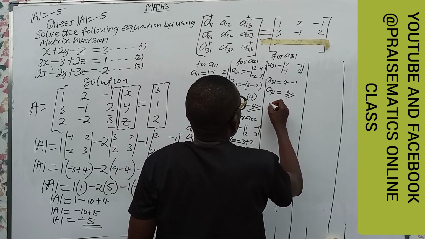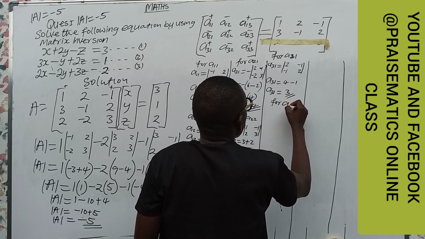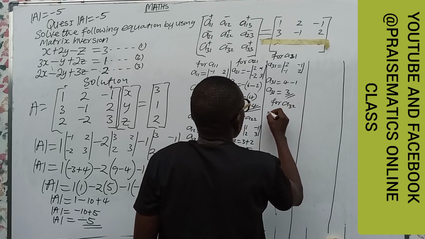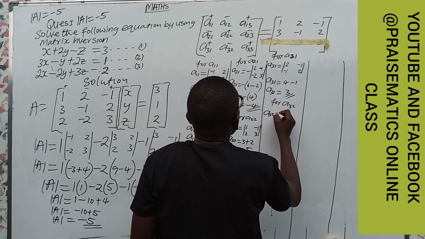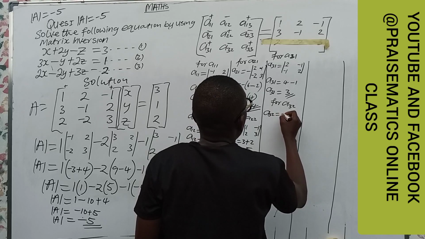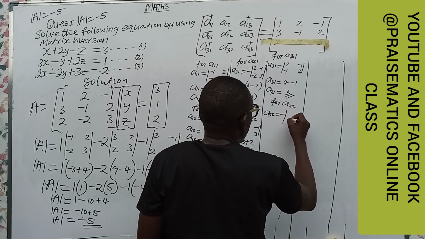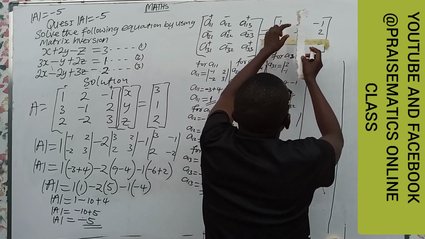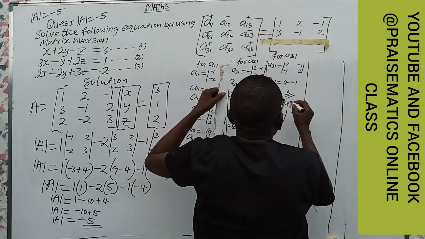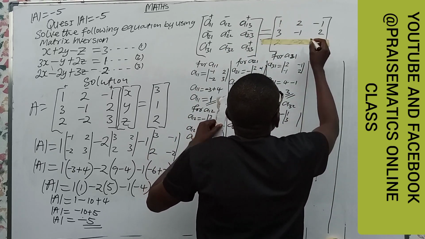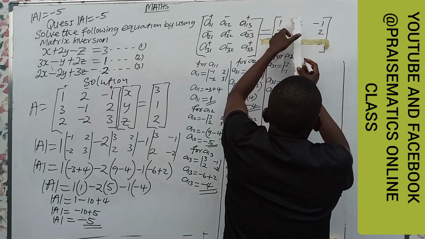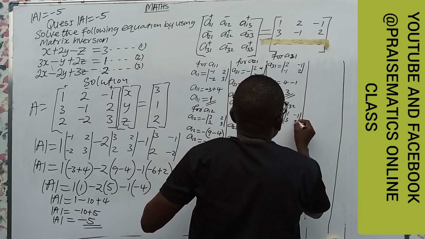Now let's go. We have another one for A32. Our A32 equals minus into what do we have? Close this. We have 1 3, 1 3, 1 2, minus 1 2.